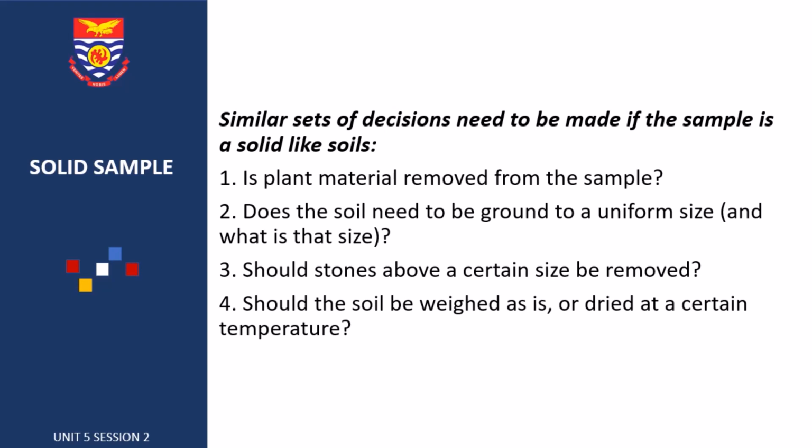That is, should plant materials be removed from the sample, because we need to do away with all plant materials that are not needed. Then, should the soil be ground to a uniform size, and if so, what should be the size to which we need to grind this soil?